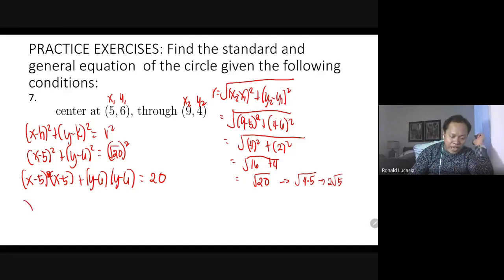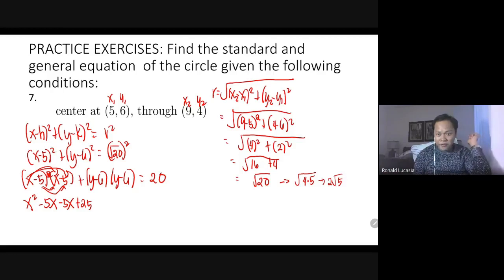So this will be x squared minus 5x. This is negative 5x. Negative 5 times negative 5, that's positive 25. Zero yung y, hindi zero. Plus, this is y squared. Negative 6y. Ito naman ay negative 6y.